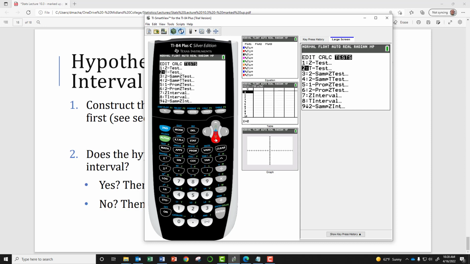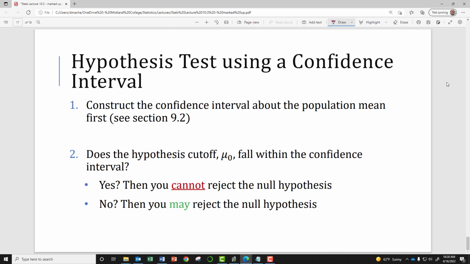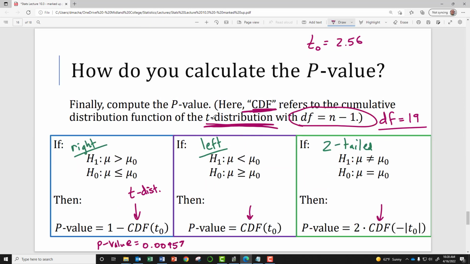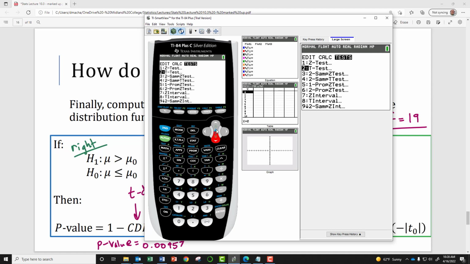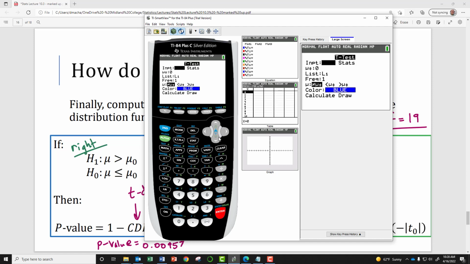I think it's number 2. So it's a t-test because I'm using the t-distribution CDF here to evaluate my hypothesis test. So don't forget, when we're talking about the mean, then we're talking about the t-distribution. When we're talking about the proportion, we use the standard normal distribution, but in our case, with the mean, we use the t-distribution. Don't forget that.